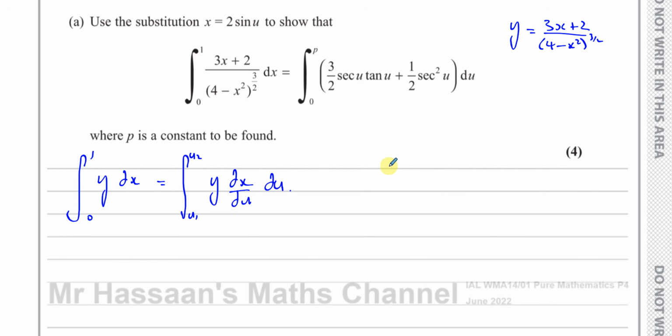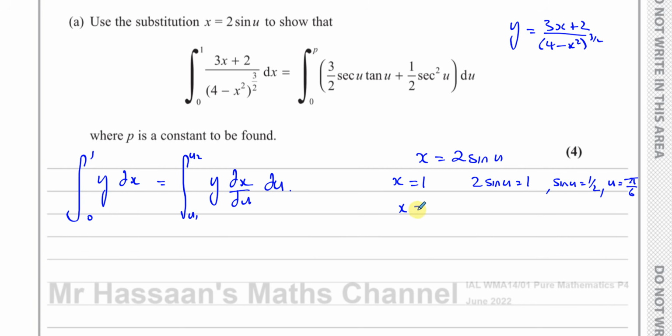So let's deal with the limits first. We have x equals 2 sine u. When x equals 1, we've got 2 sine u equals 1, so sine u equals a half, which means u is equal to, and we must use radians when dealing with integration and differentiation, and trig functions always radians, 30 degrees, which is pi over 6 radians.